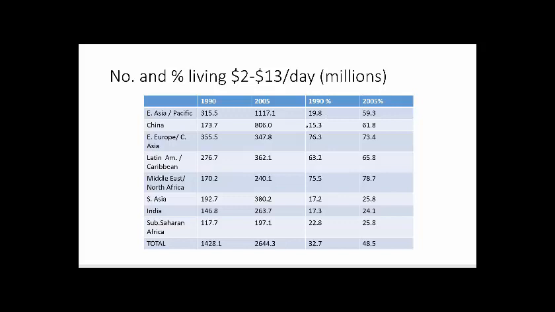But in China, which is sort of the great tale to tell here, because China adopted many market-based reforms during this time period, China went from a really poor country, because only 15% were living on $2 to $13 a day in 1990, to nearly 62% in 2005. So great leaps made in China. In sub-Saharan Africa, again, a nominal increase, 23% to 26%. Overall in the world, 33% of people were living at $13 a day in 1990, and nearly half were by 2005.